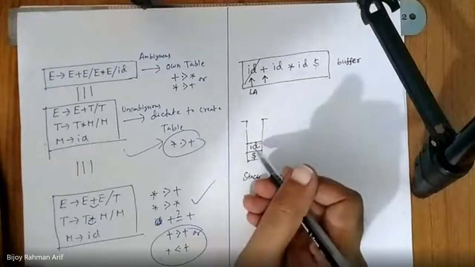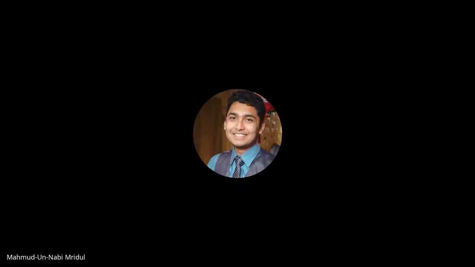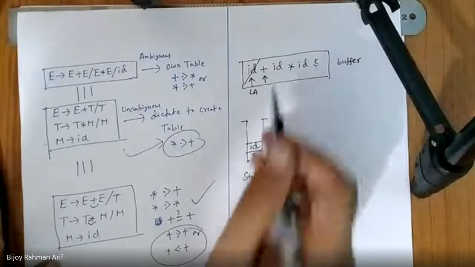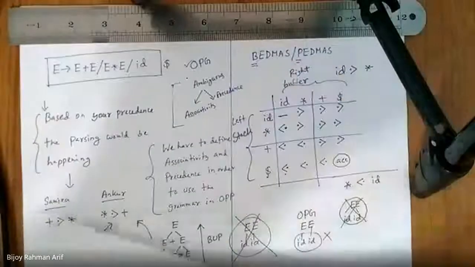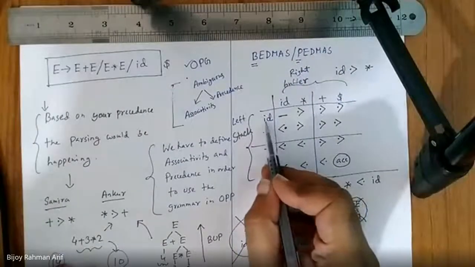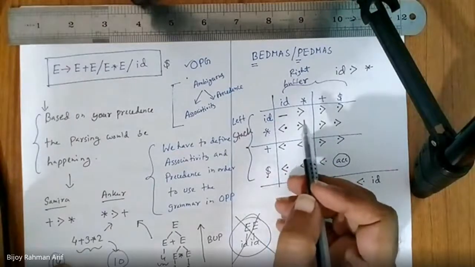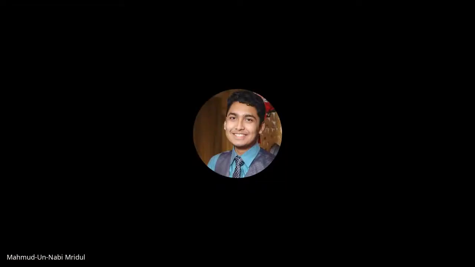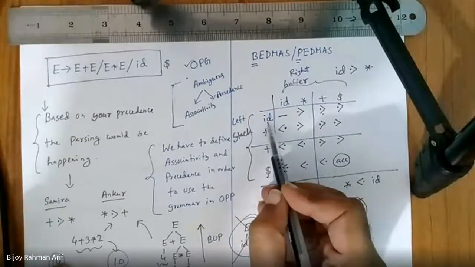Now, what is the topmost entry in the stack? ID. And what is the buffer pointing to? Plus. So let's go back to the table. The buffer is pointing to plus and the stack is pointing to ID.